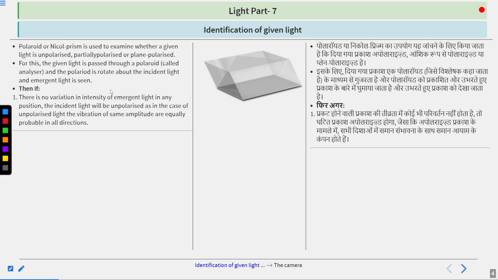So if the intensity of the emergent light does not vary with any position, then we could say the incident light that we pass through that Polaroid is actually unpolarized. Why? Because in the case of unpolarized light, the vibrations of same amplitude are equally probable in all possible directions.